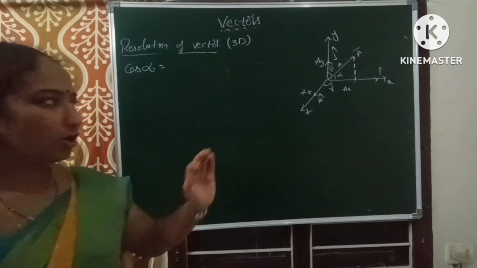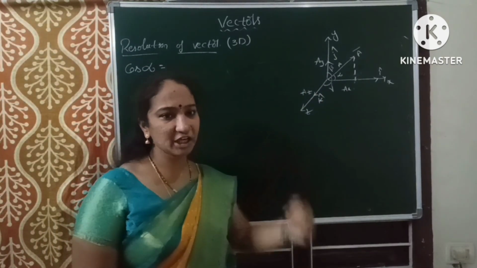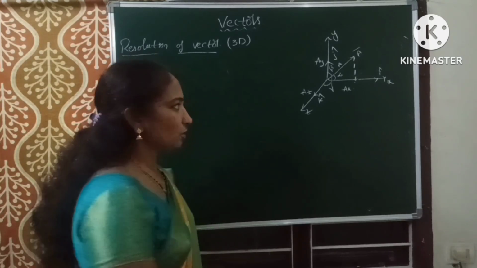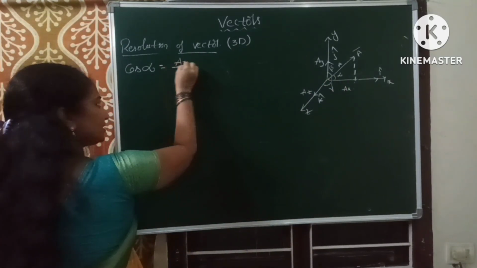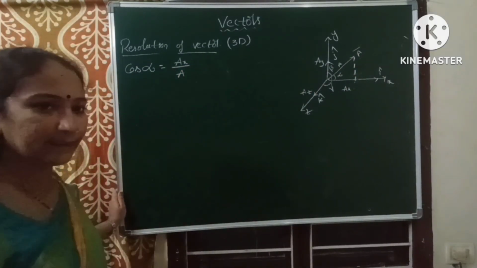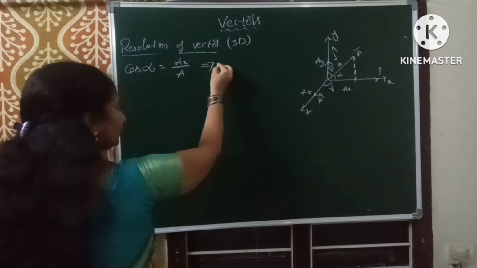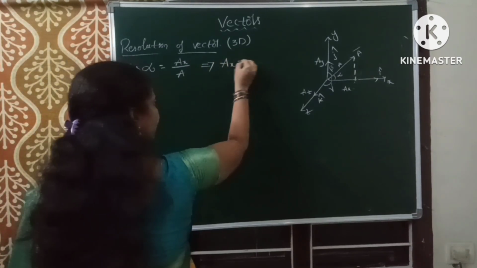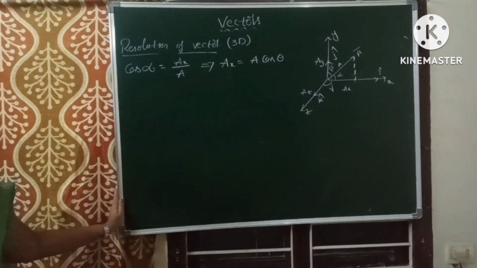A has split into ax along x-axis, ay along y-axis, az along z-axis. Right. So for alpha, what is the adjacent side? Ax is the adjacent side. Then what is the hypotenuse value? Hypotenuse value is a. So from this, I can calculate simply ax is equal to a cos alpha.